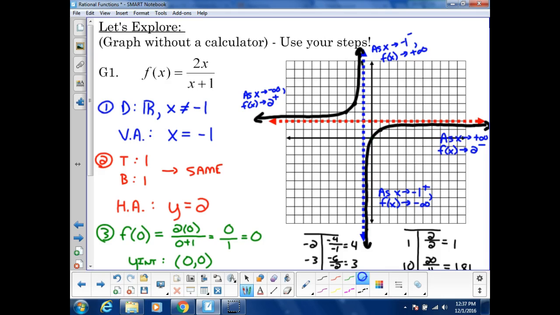That's 2 times a huge number, a positive huge number over a slightly smaller huge number, so it's going to be 2, but a little bit smaller than 2, so it comes to 2 from below. If I put in -1.1, I would get negative infinity.